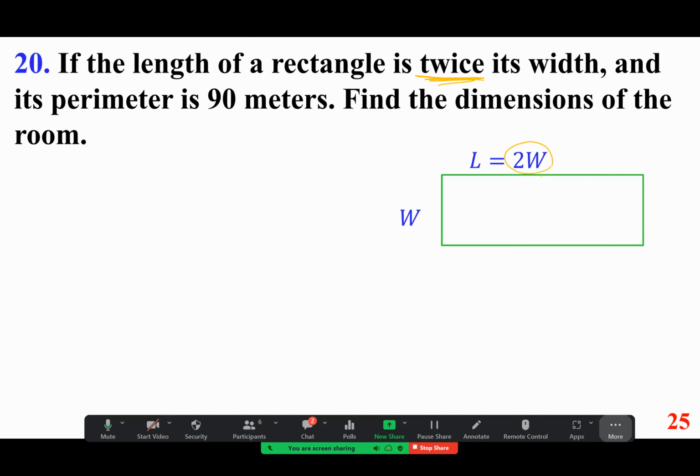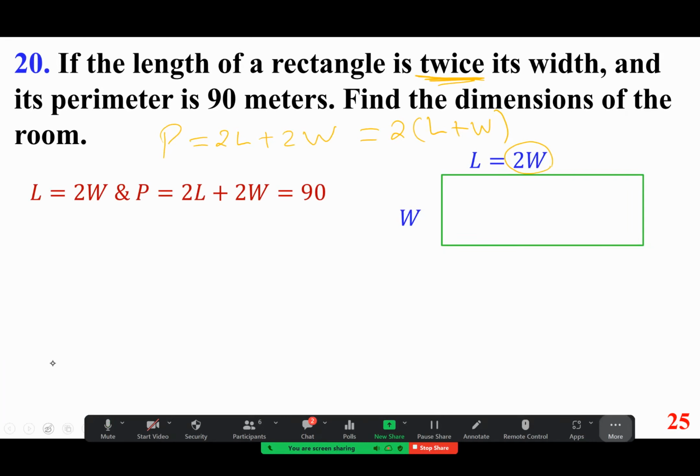And we know the formula, the perimeter is 2L plus 2W, or you might write 2 times L plus W. That's the formula, and it's 90 meters.